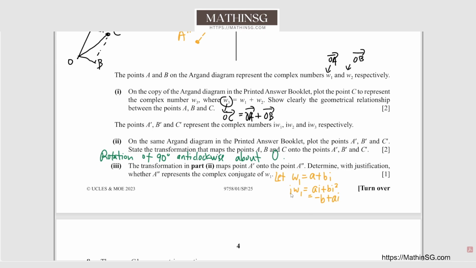Then now I'm going to multiply this I W1 again, which gives my W represented by the point A prime prime. This one is represented by the point A prime.